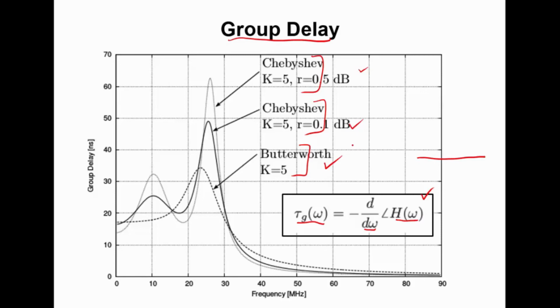And if I try to achieve greater selectivity, the trade-off is I have greater group delay variation. So we see the Chebyshev peak group delay variation is much greater than the peak group delay variation for the Butterworth filter. So this is frequently a consideration in selecting a filter response.